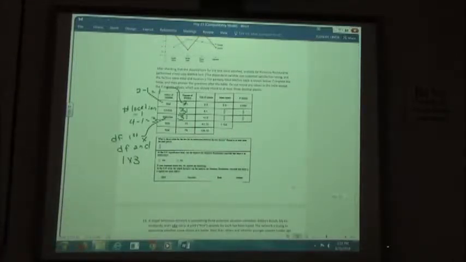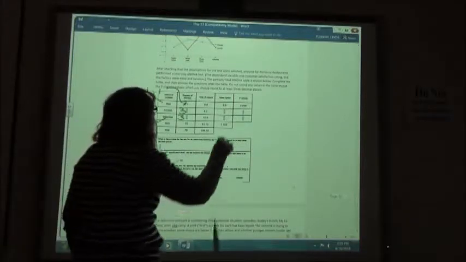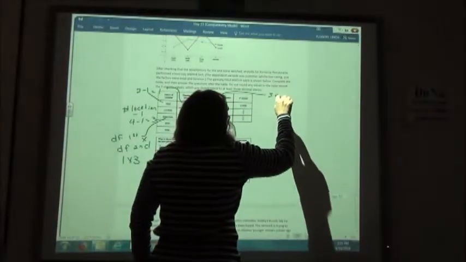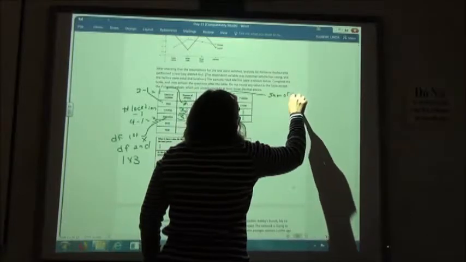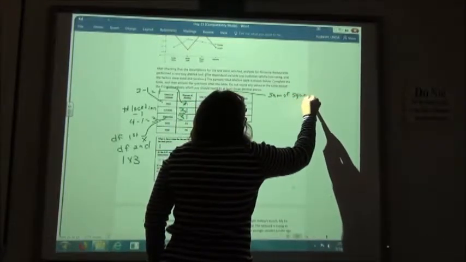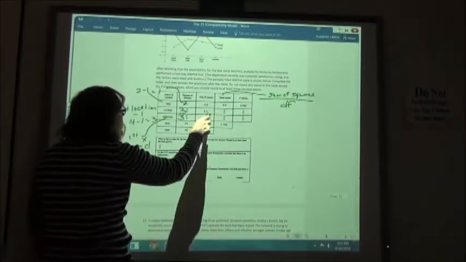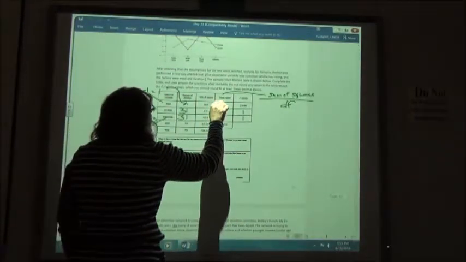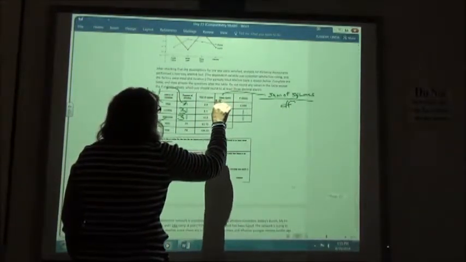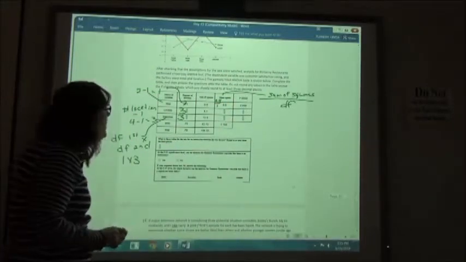All right. The mean of the squares, just like before, we are going to do the sum of squares divided by its degree of freedom. So in this case, they took 0.8 divided by 1 and got 0.8.